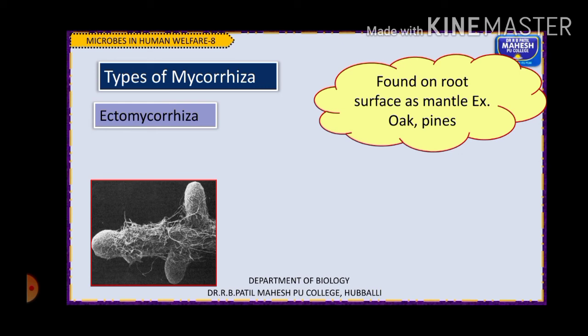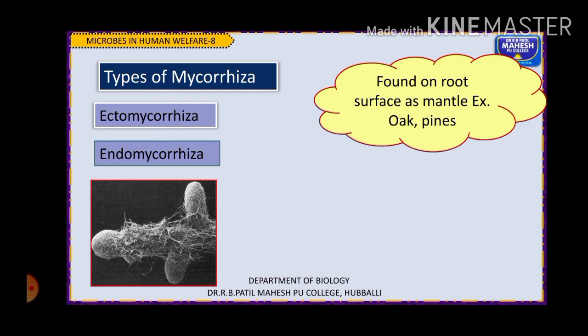From the mantle, the fungal hyphae penetrate into the root cortex as well as into the soil. Examples here are oak, eucalyptus, pines, okay. Here they absorb water and minerals and supply them to the plant.